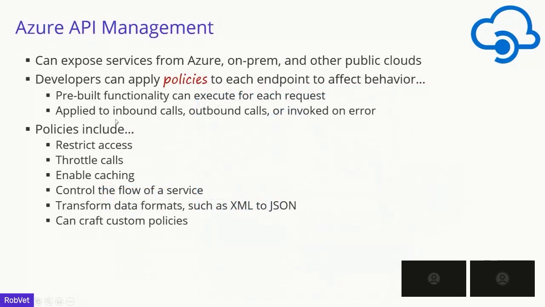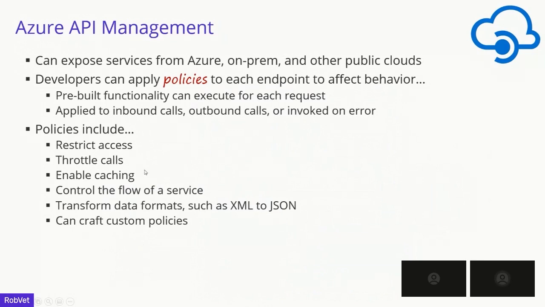There's also a really interesting feature. It's called policies. So in Azure API Management, there are a large set of pre-built policies that you can enable to affect behavior. So you can enable these policies, and you can apply them to inbound calls, to outbound calls. You can invoke them on an error. Lots of built-in policies. There are ones to restrict access, policies to throttle calls, policies to enable caching.